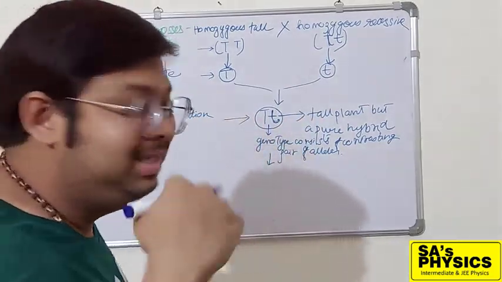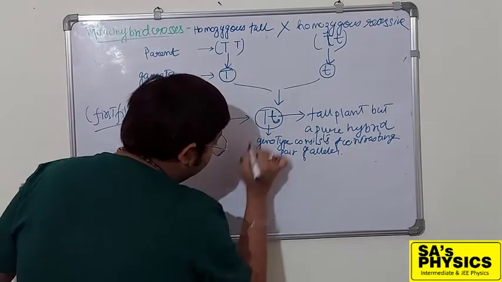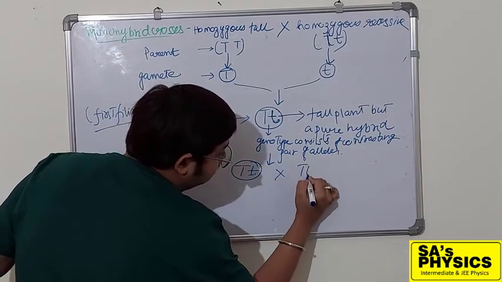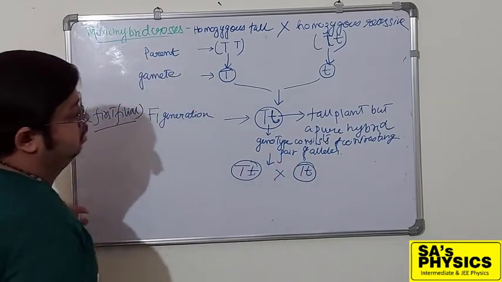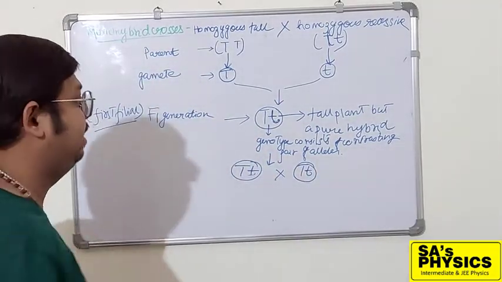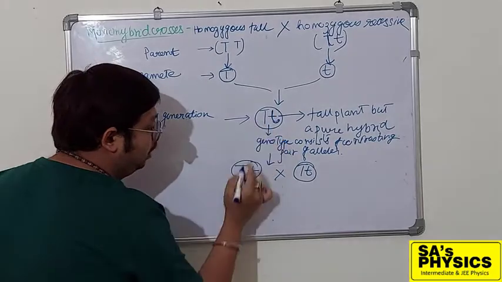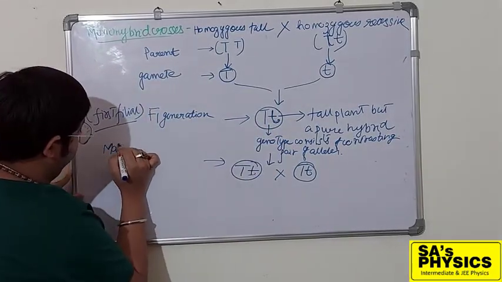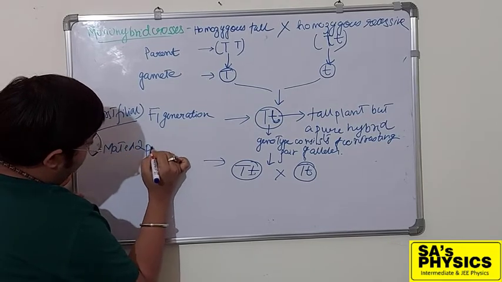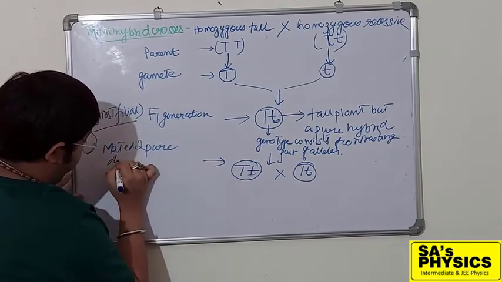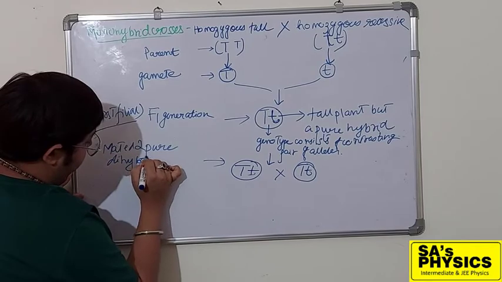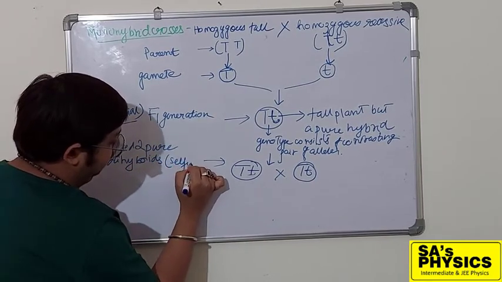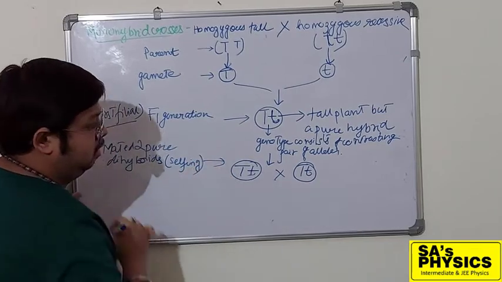What did he do? He selfed these plants. That means he mated 2 plants of the same genotype. He mated 2 hybrids. And this is called selfing. Right?